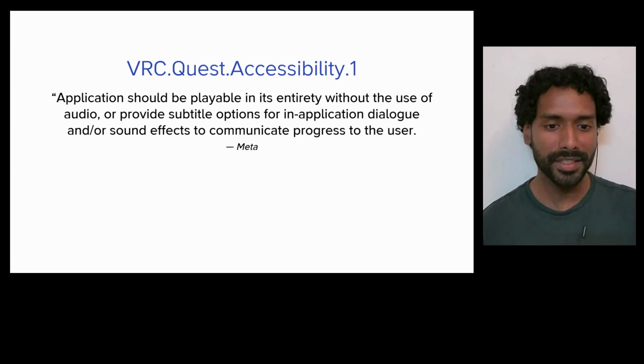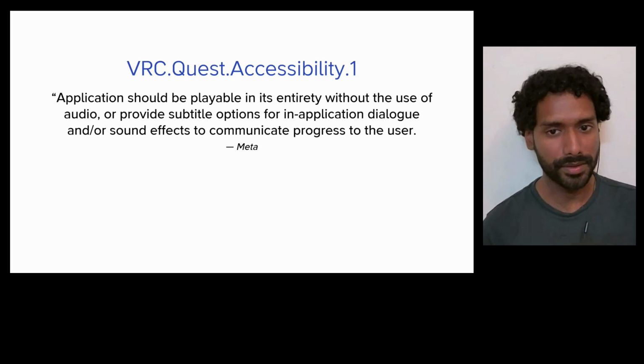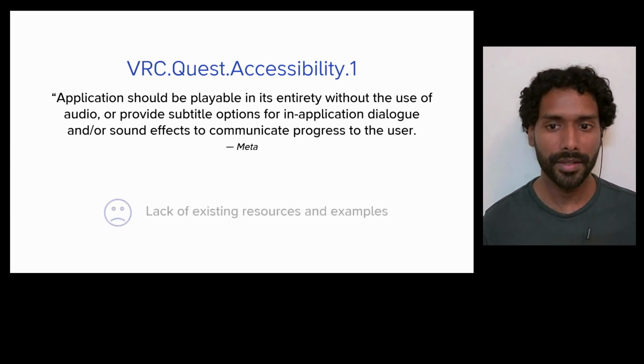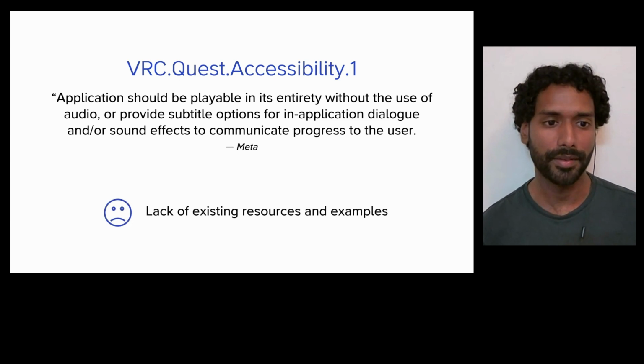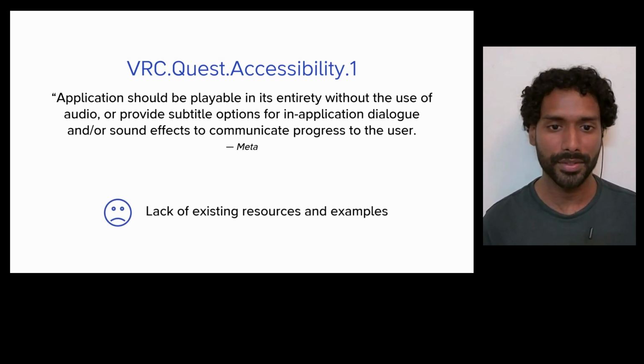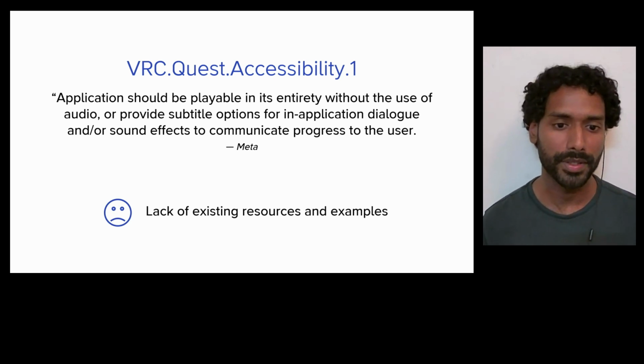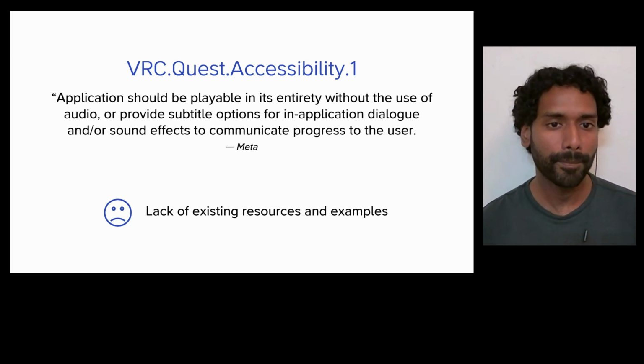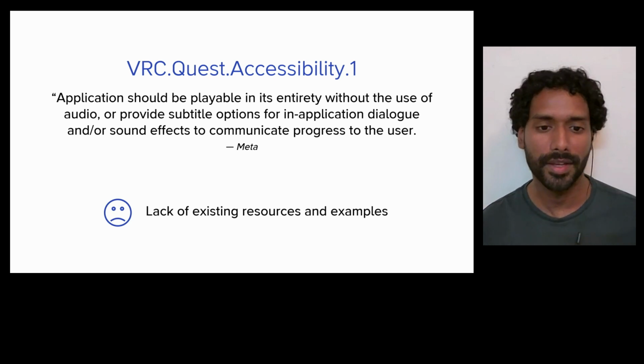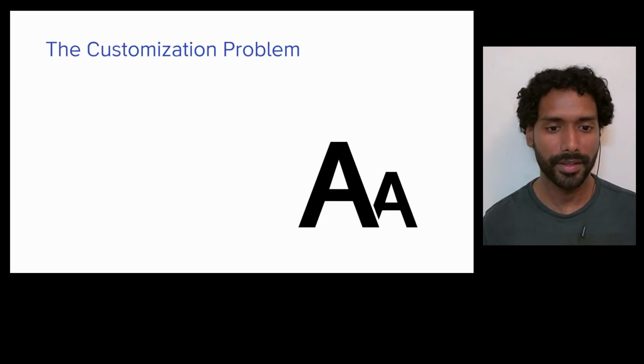Now, Meta gives this recommendation, but unfortunately, they don't give any example code or resources to developers to easily implement captions. And there's also a lack of existing resources from both first-party and third-party developers.